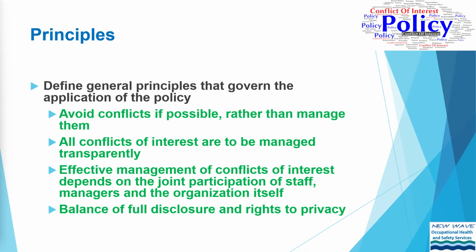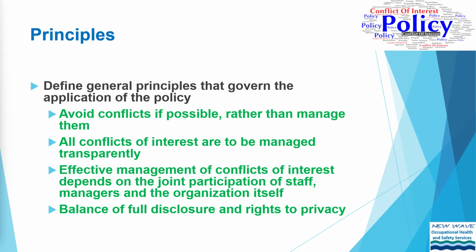Now, do's and don'ts only go so far. In the middle ground, it is good to state principles people can use to decide these in-between issues. Some common principles are establishing a preference to avoiding conflicts if possible, rather than trying to manage them. That all conflicts of interest are to be managed transparently, within the constraints of due process and privacy.